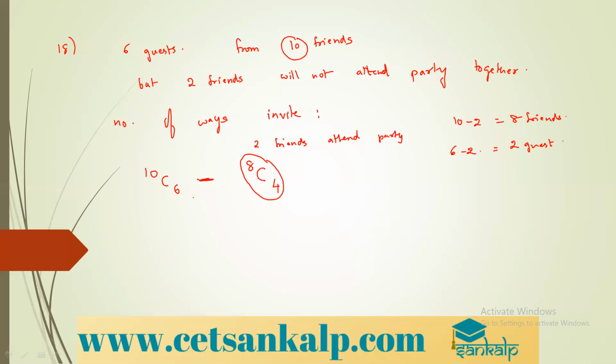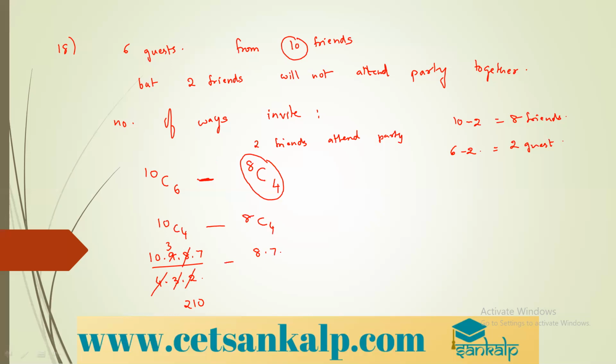So how will you get the answer? First 10C6. 10C6 is same as 10C4, I can write. 10C4 means what? Start with 10, 9, 8, 7. Take 4 numbers and 4 factorial. 4 twos, 8 will cancel, 3 threes. So you have 210. What is 8C4?